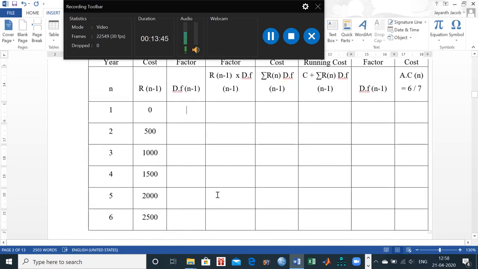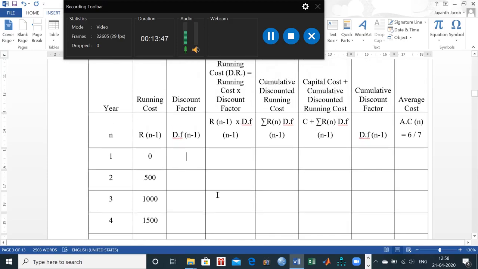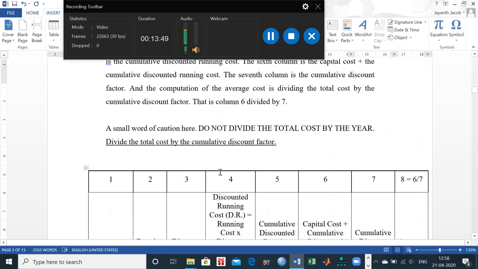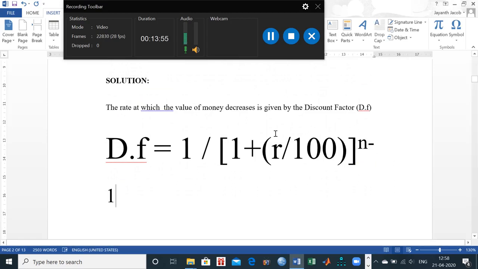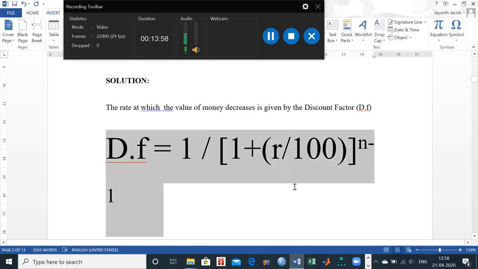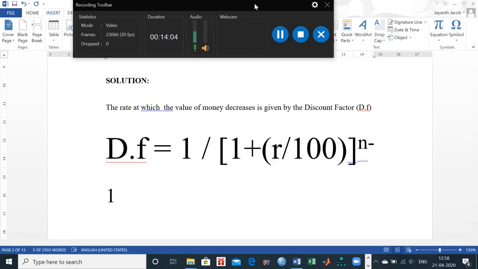Now for calculating the discount factor, we have the same formula that I had shown you, but the only difference is we use n minus 1 because we are going to work on the running costs.